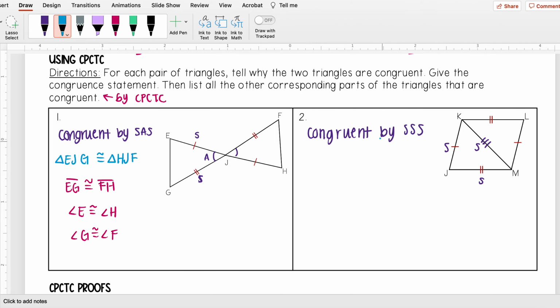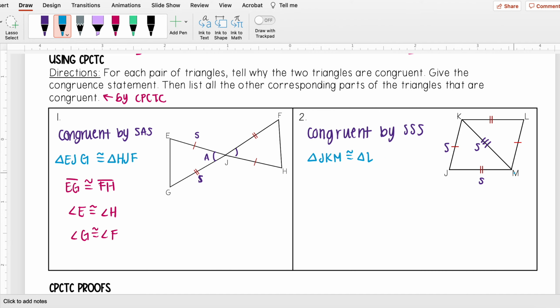Now I need to write my congruency statement, so I have triangle JKM. It's congruent to... So angle J I see is between my one tick mark and my two tick mark. And I see the one that matches up with that is angle L, so that's also between the 1 and 2 tick mark.